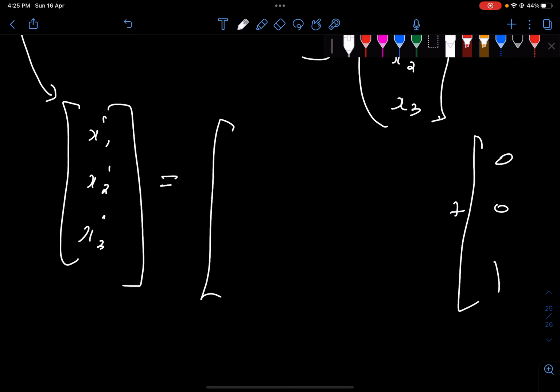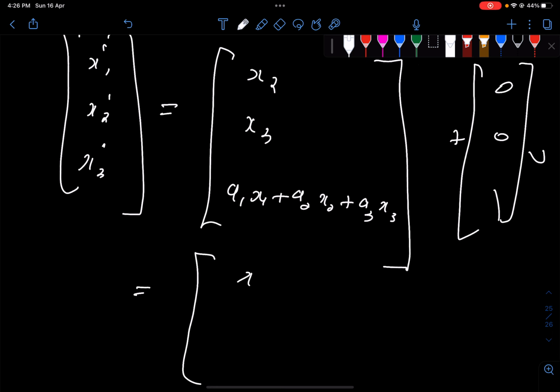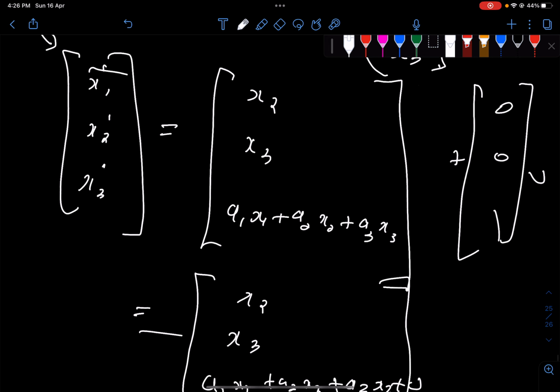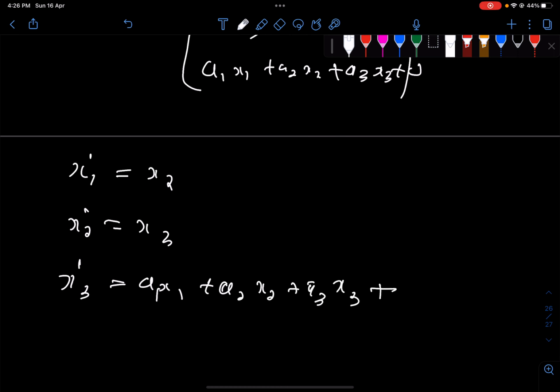So it will look like x2, x3, a1 x1 plus a2 x2 plus a3 x3, a column matrix, plus 0, 0, 1 times u. By comparing, I can write x1 dot is equal to x2, x2 dot equal to x3, and x3 dot is equal to a1 x1 plus a2 x2 plus a3 x3 plus 1 times u.